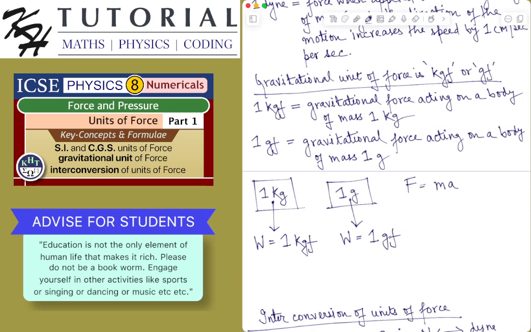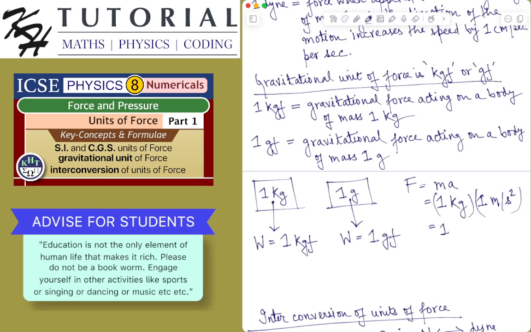So if I consider the mass of the body to be 1 kilogram, and the force F acting on it produces an acceleration of 1 meter per second square, that is, increasing the speed by 1 meter per second every second, then F becomes 1 into 1, which is 1.